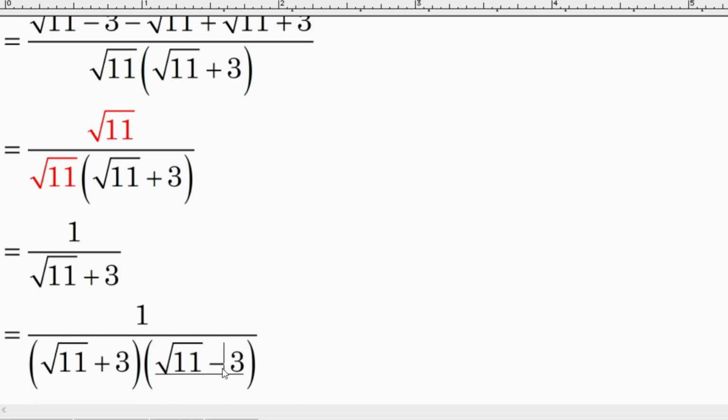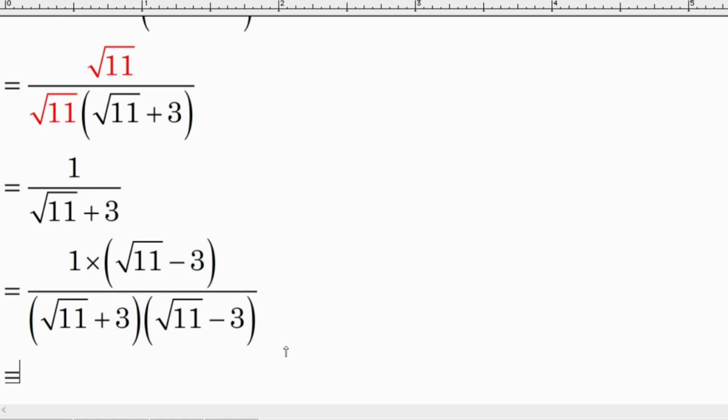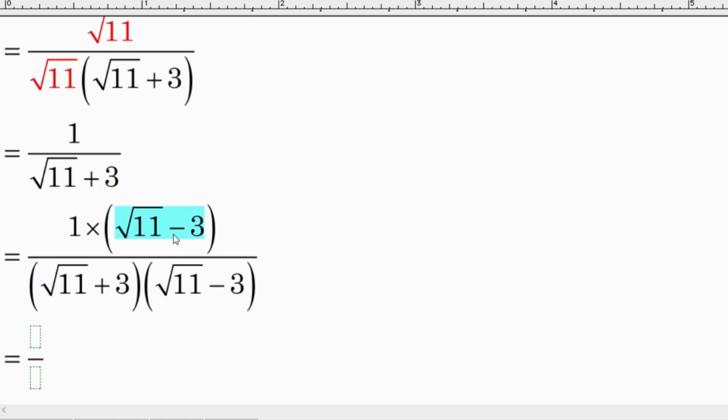When we multiply the denominator by square root of 11 minus 3, we also multiply the numerator by square root of 11 minus 3.